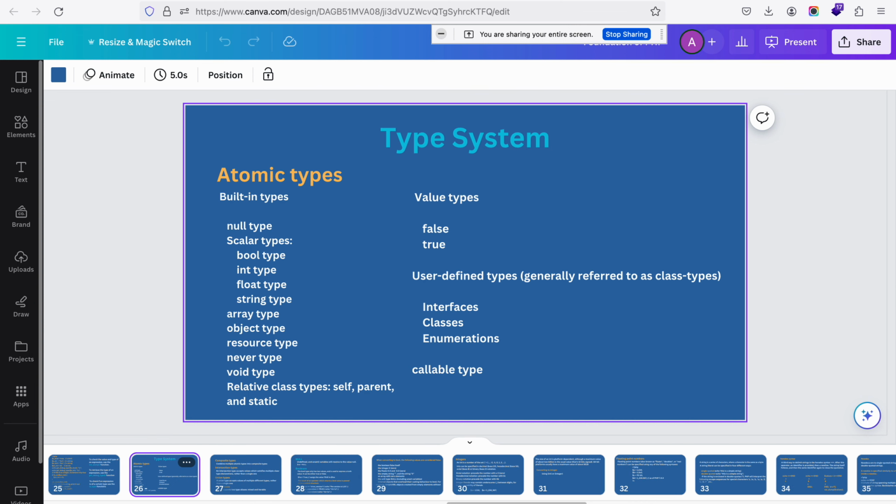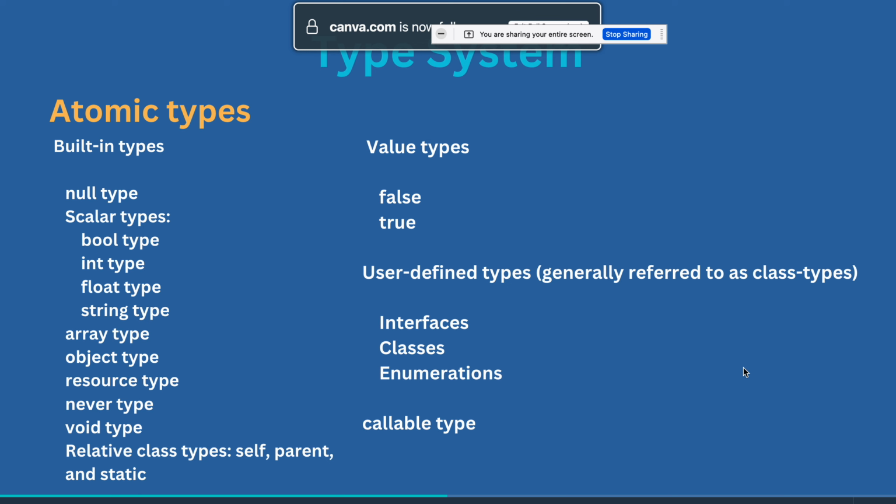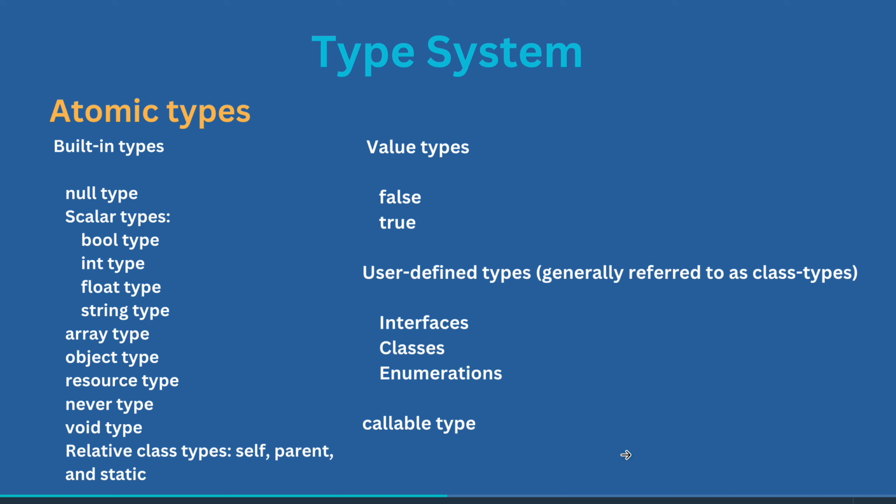Now there is a type system in PHP. What is the type system? One is the atomic type system. What are the atomic types? All built-in data types in PHP are known as atomic types.